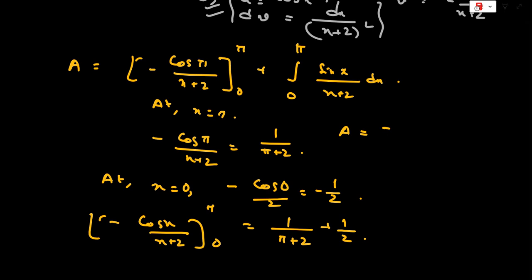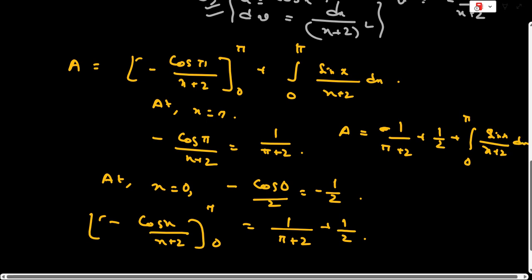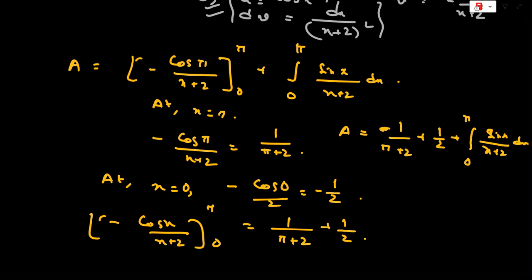So we get A equal to 1 by (pi plus 2) plus half plus the integral from 0 to pi of sin x by (x plus 2) dx. Now rearrange. The integral from 0 to pi of sin x by (x plus 2) dx is equal to A minus 1 by (pi plus 2) plus 1 by 2.